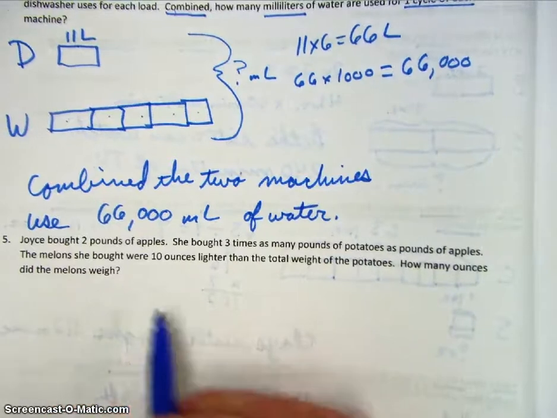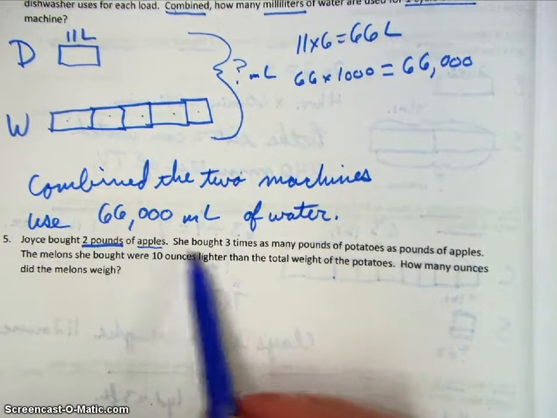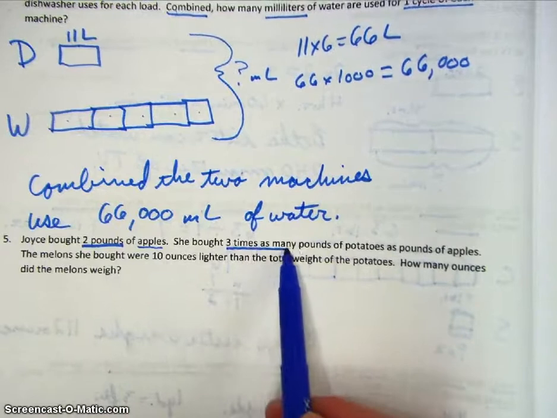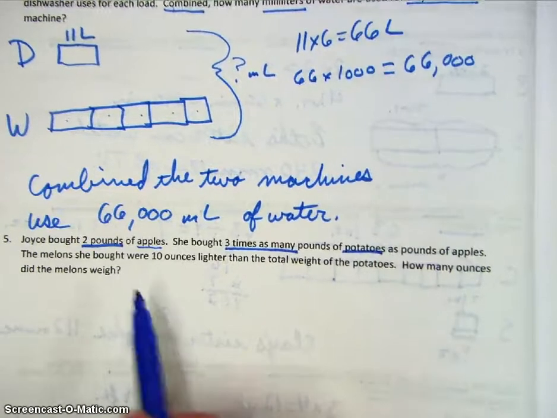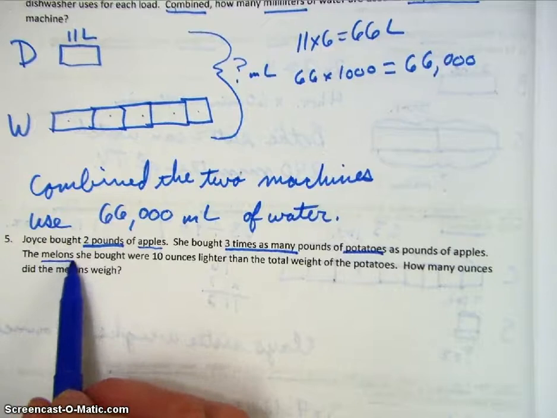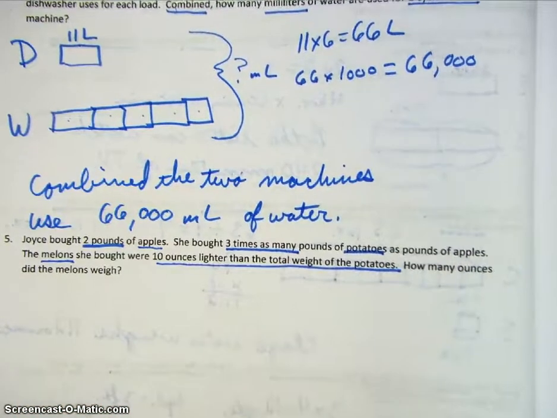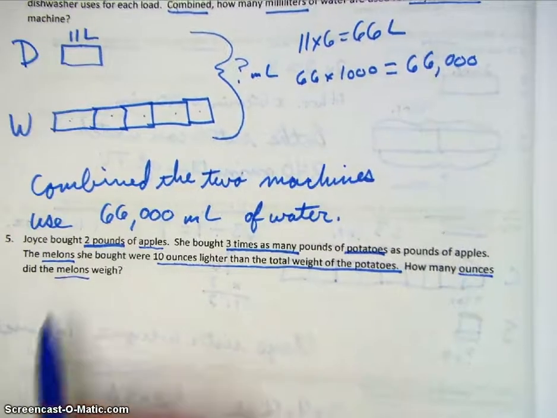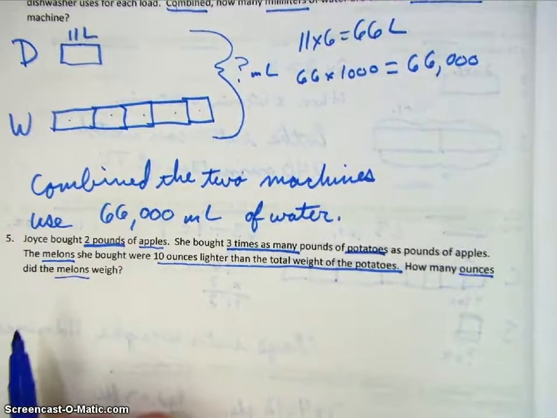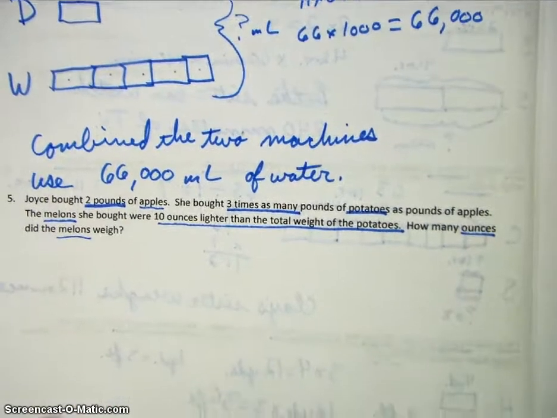Joyce bought 2 pounds of apples. She bought 3 times as many pounds of potatoes as apples. And then melons were 10 ounces lighter than the total weight of the potatoes. We want to know how many ounces the melons weigh. We've got a lot in this problem because we've got 3 different types of fruit and some different comparisons with each.